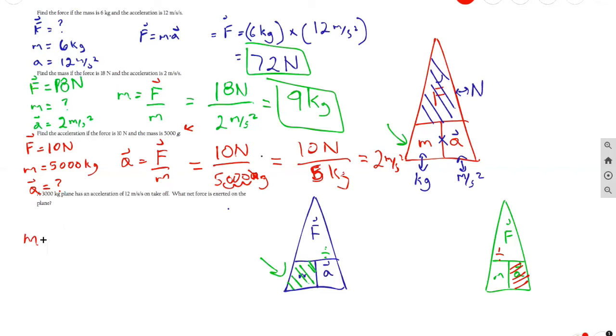A 3,000 kilogram airplane has an acceleration of 12 meters per second squared. What is the force? That's the first problem here. F equals ma.